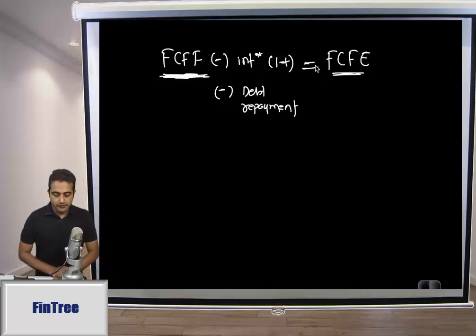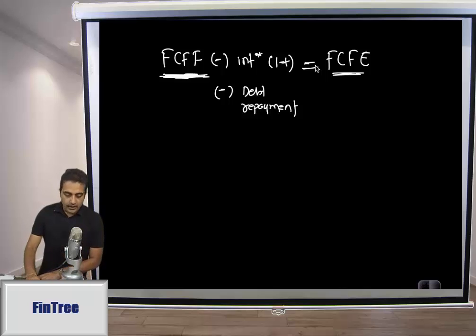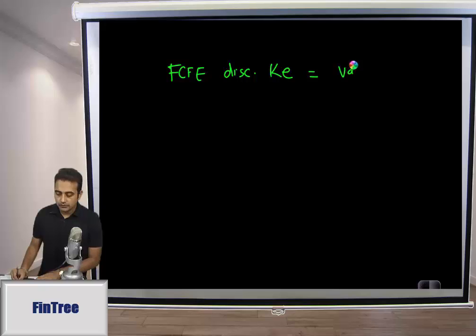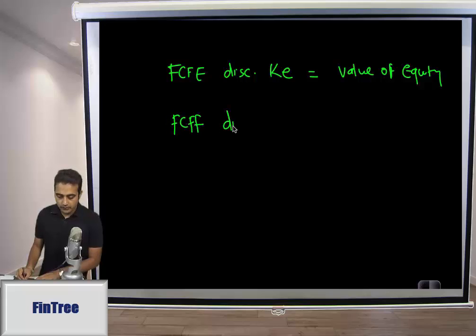So FCFF minus the payment made to the bondholders gets us FCFE. And what the valuation theory proposes is that FCFE discounted at cost of equity should produce the value of entire equity. FCFF, when you discount with WACC, will produce value of firm.